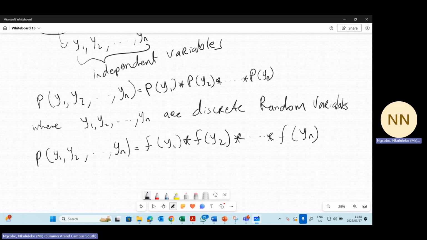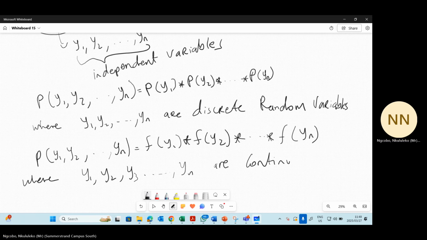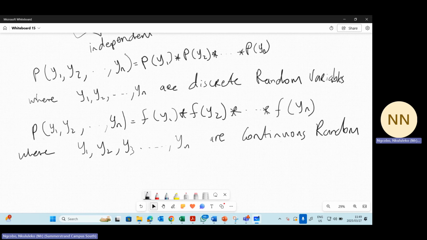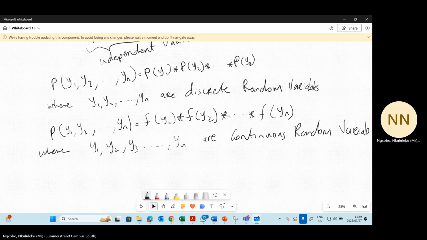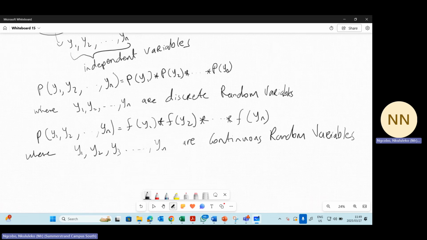This is true if your y1, y2 until yn random variables are continuous random variables. So this is true, right? Okay.